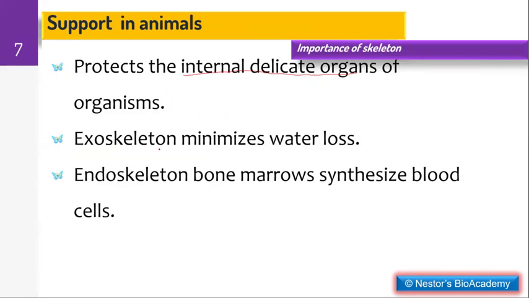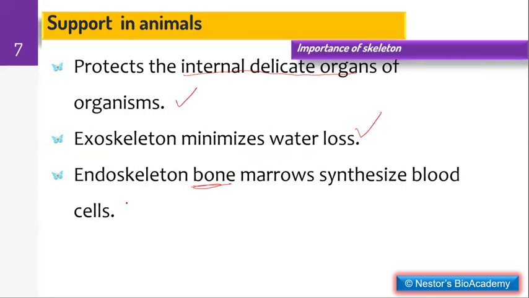The exoskeleton in particular is also made up of waterproof material, and this makes the exoskeleton very important in minimizing water loss in the organisms that possess it. And of course, the bones which make up the endoskeleton, in their bone marrows is where we always have synthesis of the blood cells.